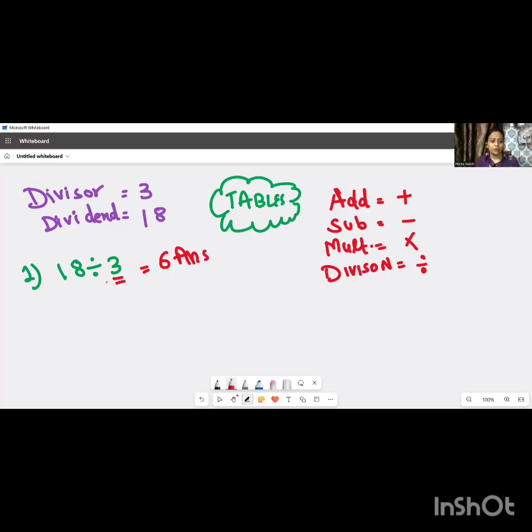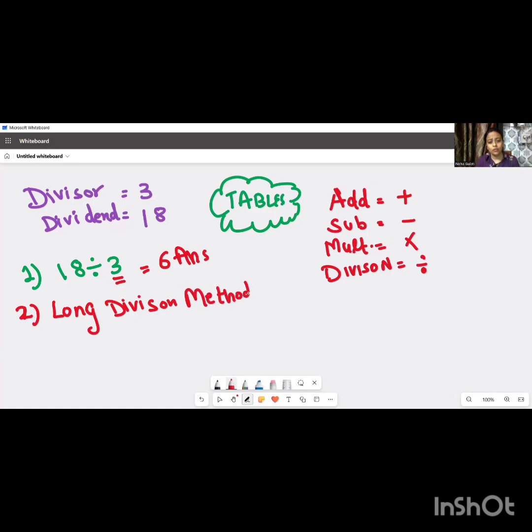The second method to solve division is the long division method.